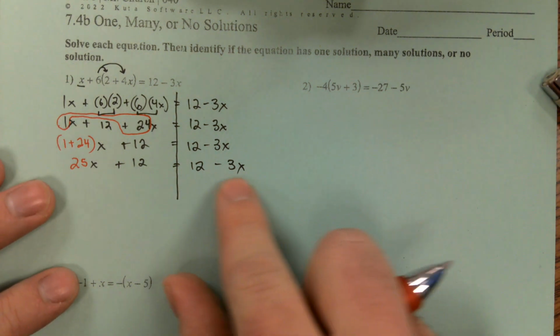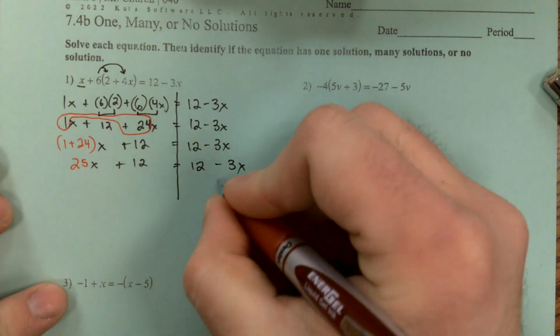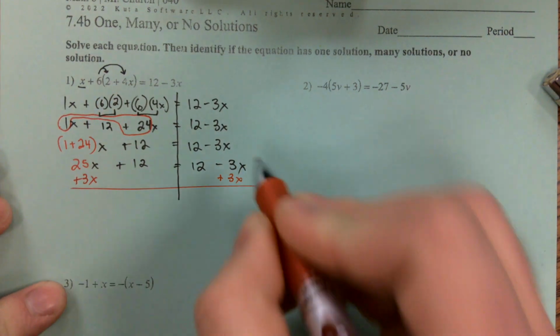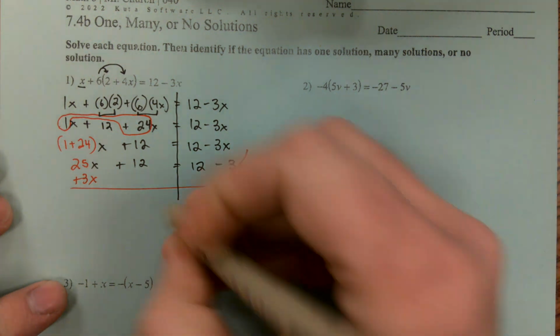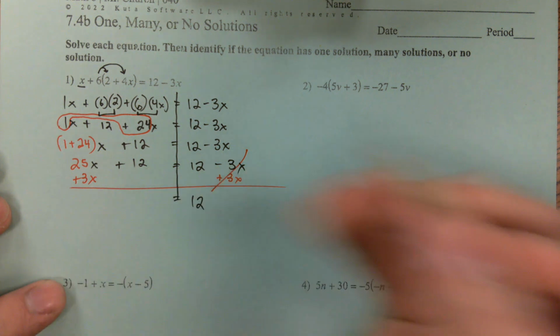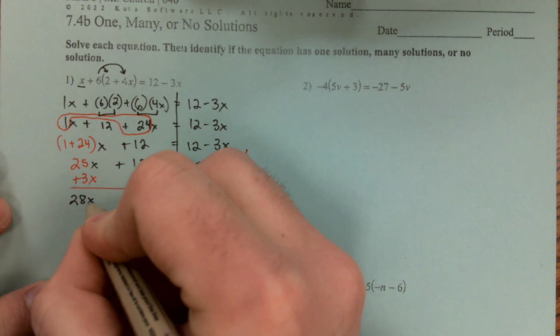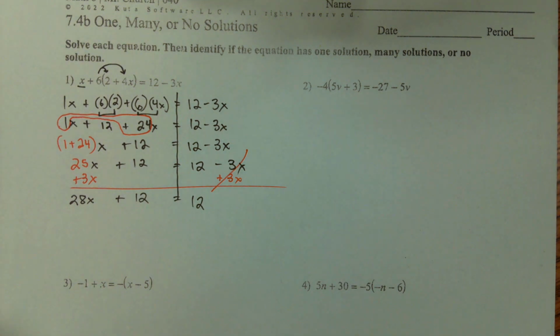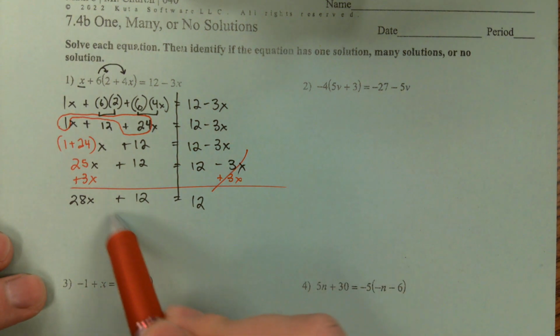So we'll bring our variable term over to the left by adding 3x to both sides. They cancel out on the right, just leaving 12. And 25x plus 3x gives us 28x, still adding 12. We brought our variable term to the left.